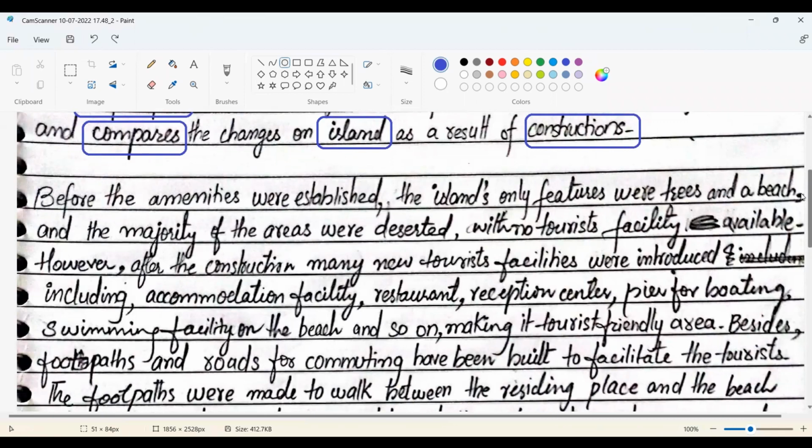Before the amenities were established, the island's only features were trees and a beach. Trees and a beach. Okay, and the majority of the areas were deserted. Majority of the areas or the area, singular.